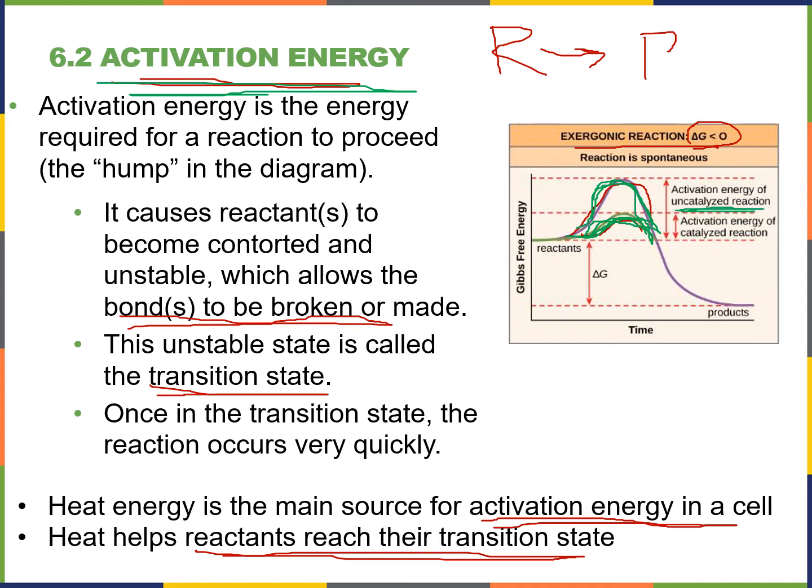So again, this is why I said earlier that the exergonic reactions do not need energy to proceed. They do need an initial activation energy, which is going to be in the form of the catalyzed reaction. But once the catalyzed reaction causes a threshold to be released, which is indicated by these dotted lines right here, then the uncatalyzed or the spontaneous part of the reaction occurs and the reaction can proceed without any further energy.